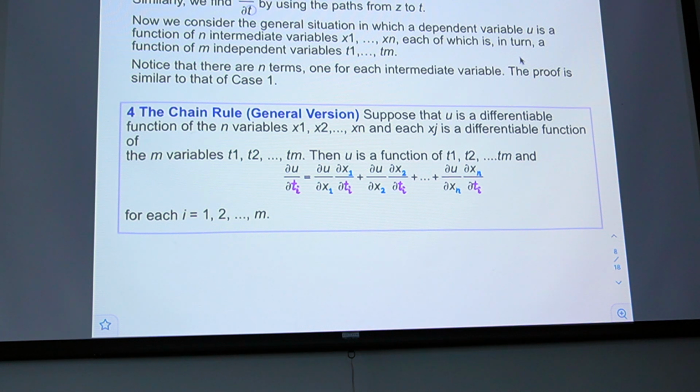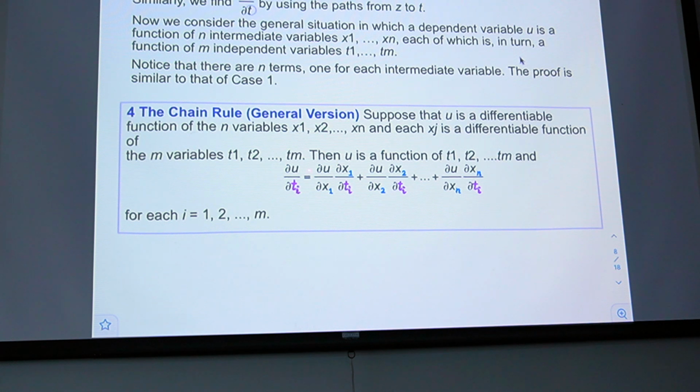So suppose u is a differentiable function of n variables. Those are the intermediate variables. And each xj is a differentiable function of m variables, t1 all the way to tm. Those are the independent variables. Then u, the dependent variable on top, is a function of all of these.